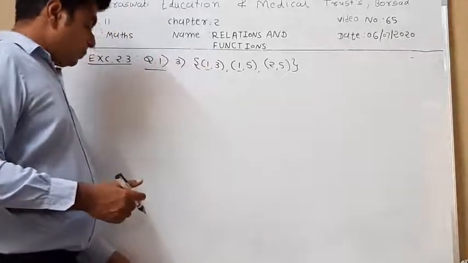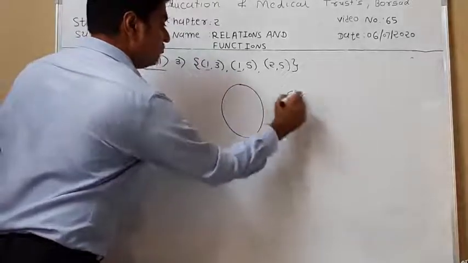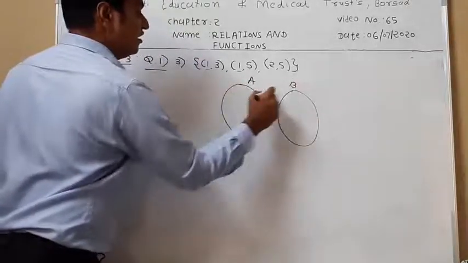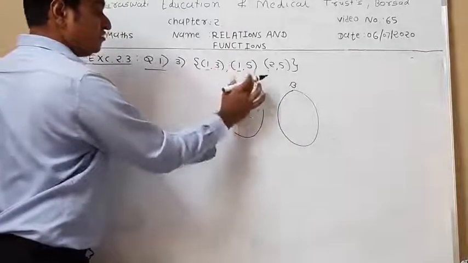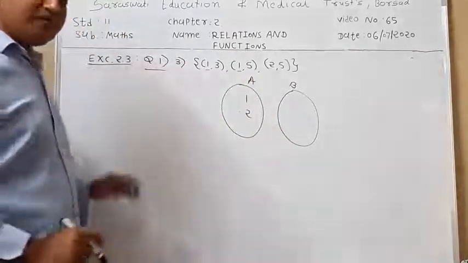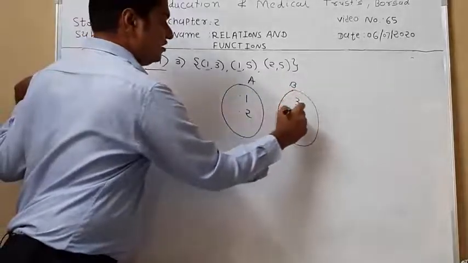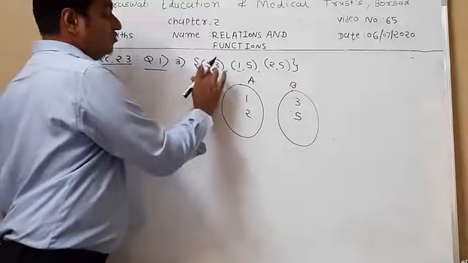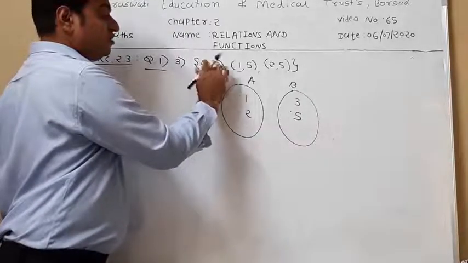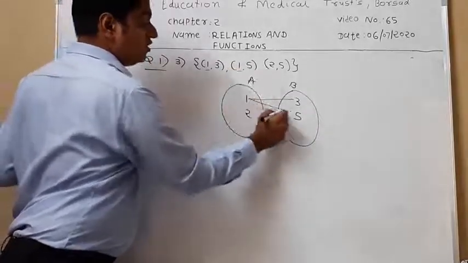See here the position of set A and the position of set B. In set A, 2 elements are present, 1 and 2, and in set B, 3 and 5, 2 elements are present. Now the relation of 1 is 3, and again the relation of 1 is 5.